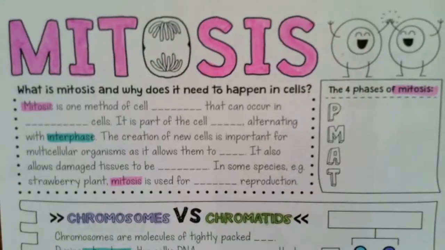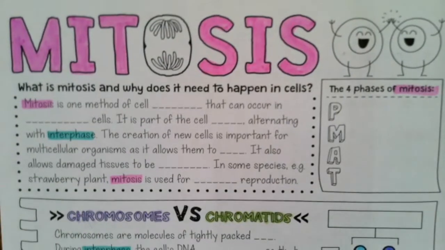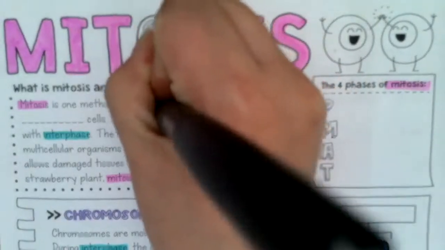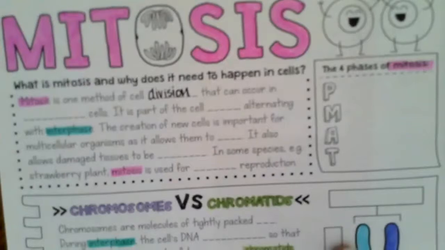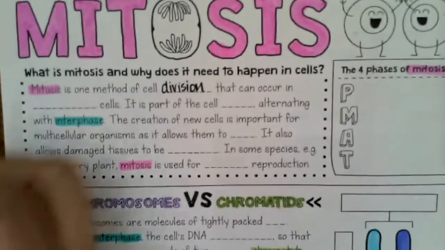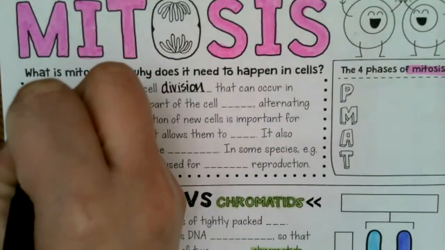Alrighty. Up here at the top, we're looking at what mitosis is and why it needs to happen in cells. Mitosis is one method of cellular division that can occur in eukaryotic cells.